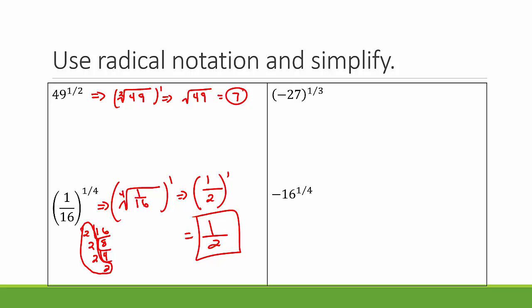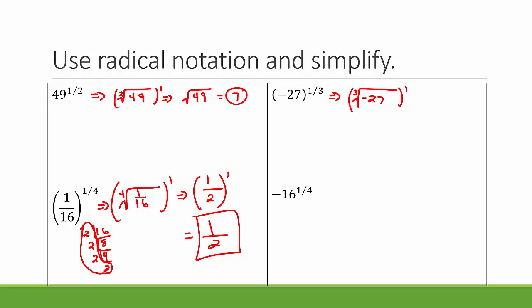Okay, what about -27 raised to the power of 1/3? Well, again, to write that in radical notation, the 3 is your root, the 1 is your exponent. Now, can we take the odd root of a negative number and get a real number answer?